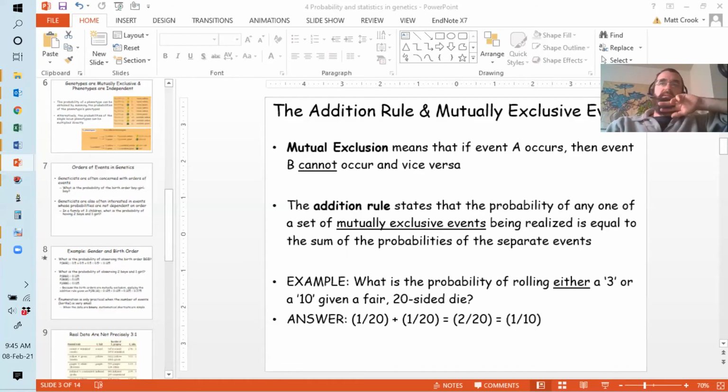What other ways can you have and still have two boys and a girl? So perhaps you can start with a girl. Yeah, there you go. That was a good guess, wasn't it, Joe? Girl, boy, boy. And what's the other one? Right, good job. So now you have three events, but you have three different ways that you can have those three events and still get the same outcome.